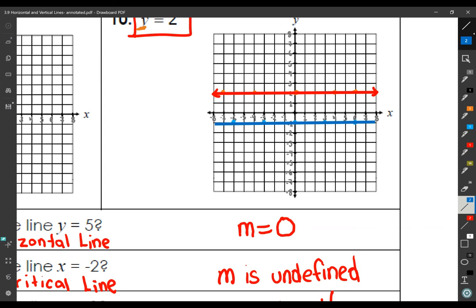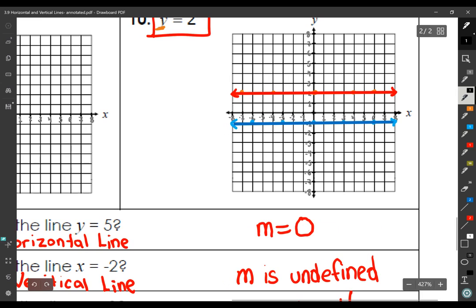And we can see that this line is parallel to the x-axis, right? The x-axis is parallel to our line.